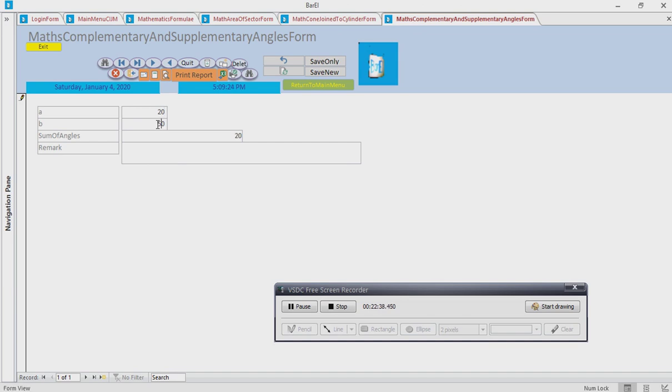And then 50. That is a complementary angle.